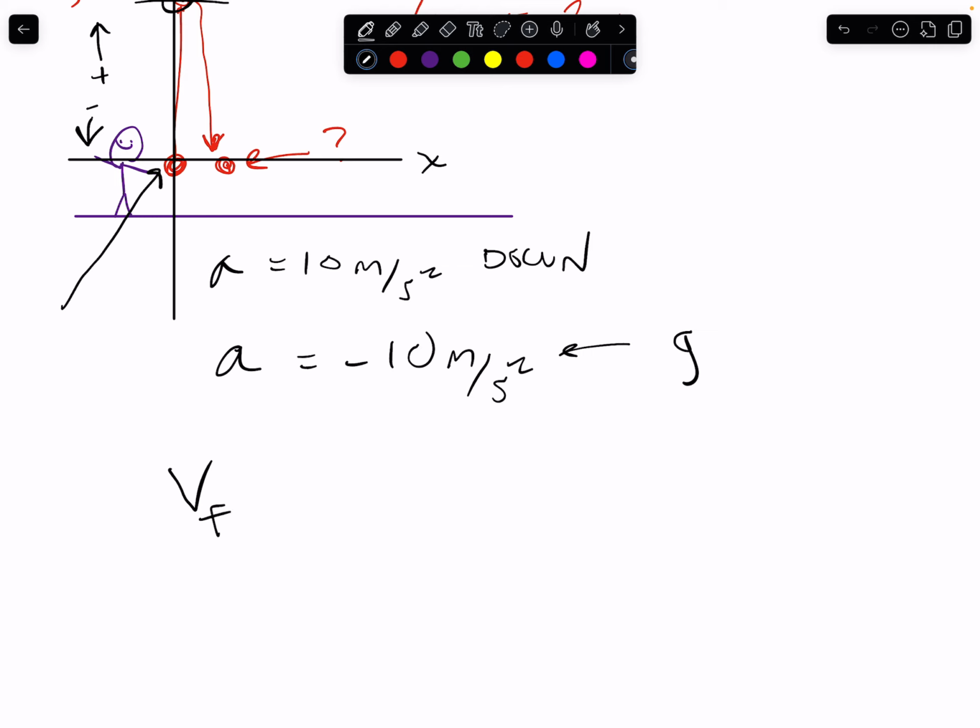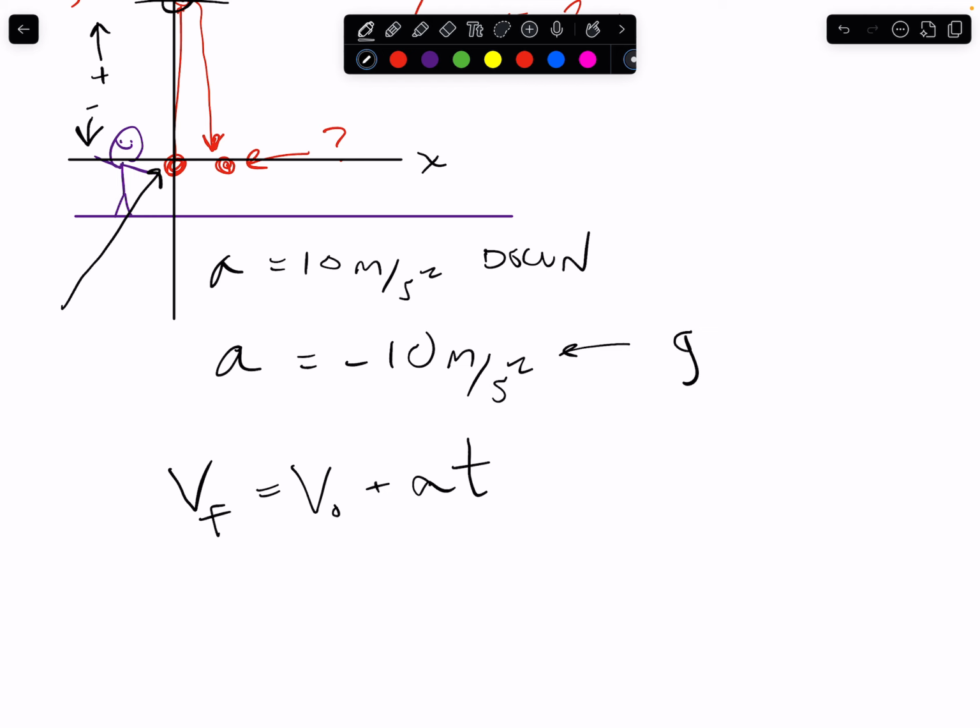One of them says V final, the final velocity, is the initial velocity plus acceleration times time. You can plug the numbers in straight away, or you can algebraically rearrange these things. Let's substitute in the values.